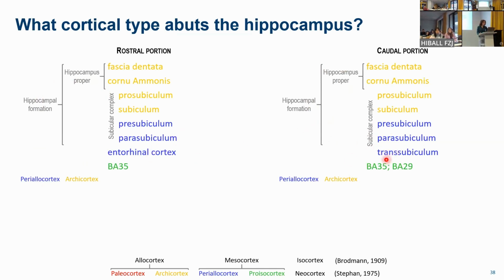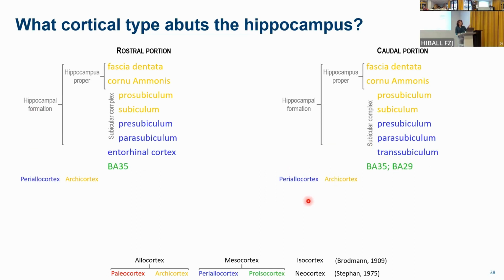It would share a border not with the periallocortex, but with the pro-isocortex here, okay? Because the hippocampal formation would go down to here. So rostrally, hippocampal formation would abut periallocortex, and caudally, hippocampal formation would abut pro-isocortex and not periallocortex, as I've written in this slide here, okay?